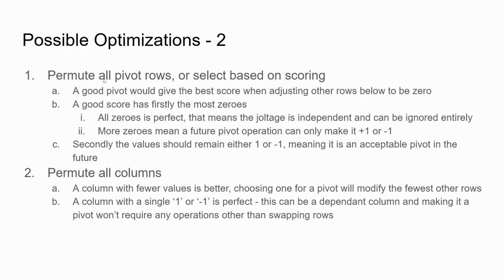I could look at all pivot rows and try each one first. I could permute all the columns. Maybe it'd be better to use columns with fewer ones in them. Sort the columns by how many ones are in them. That would mean I would be less likely to get a bad value because I would have fewer row operations every time.